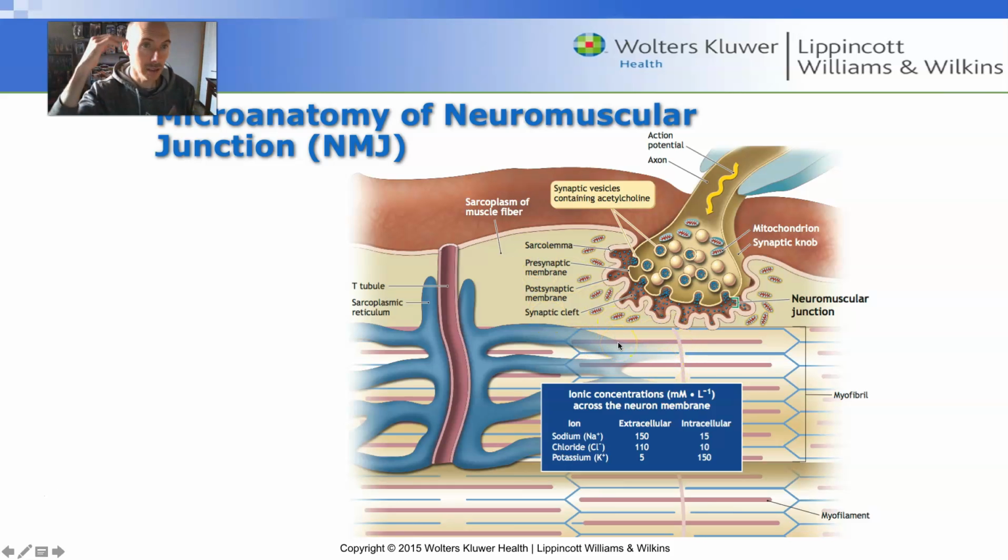As long as we're consciously thinking about movement, the electrical signal keeps coming, and that allows calcium to stay present. As soon as we withdraw the thought of movement, the electrical impulse stops. Calcium is pulled back into the sarcoplasmic reticulum, and actin and myosin won't be able to bind anymore.